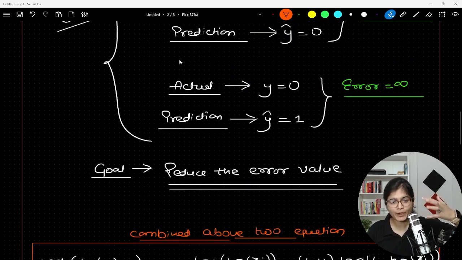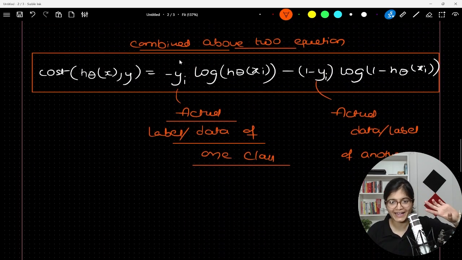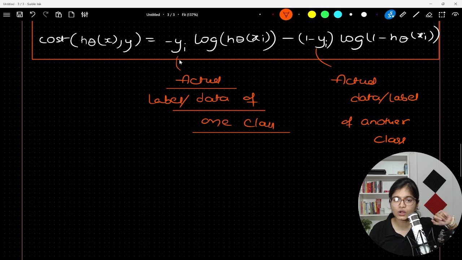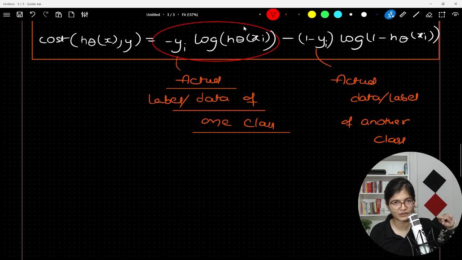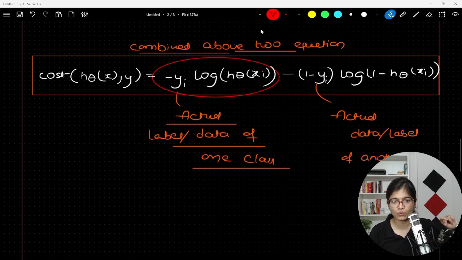At any point of time, your value of yi will be either 1 or 0. Let's say yi is 1. Then automatically this complete second part becomes 0. And if yi is 0, then the value of this first part will automatically become 0. So in a way, you have made this combination look better.